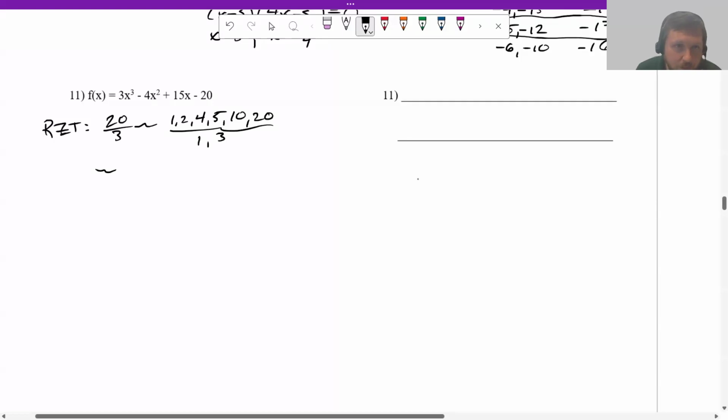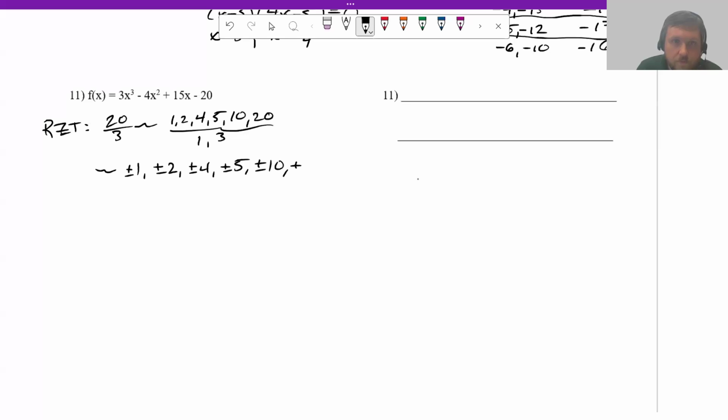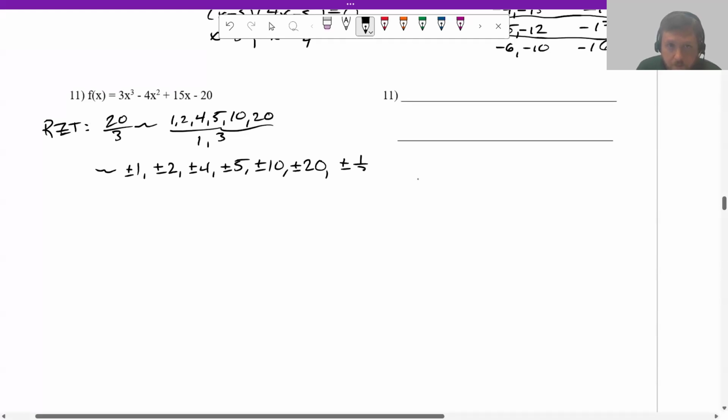Okay, so here's my list of educated guesses, plus or minus 1. Okay, all of this. And then now divided by 3. We got a pretty huge list. So there's a lot of ground to cover.